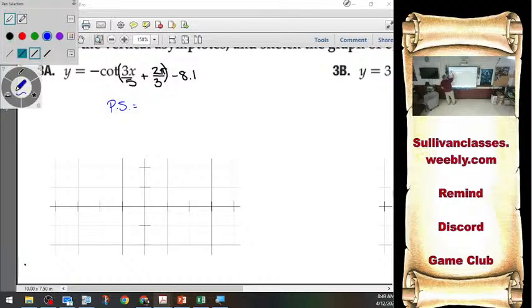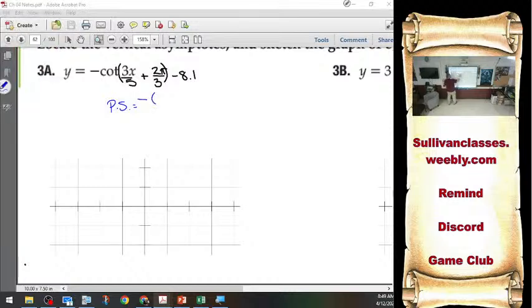So, negative C, 2 pi over 3 over B, 3/5 is negative 10/9 pi. So, negative 10 pi over 9, period. Period is still pi over b.